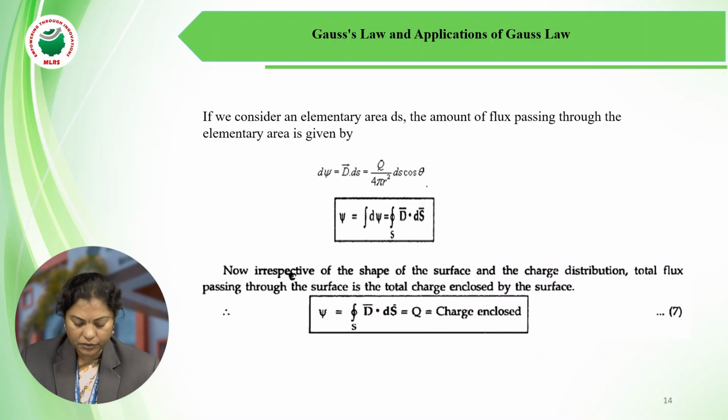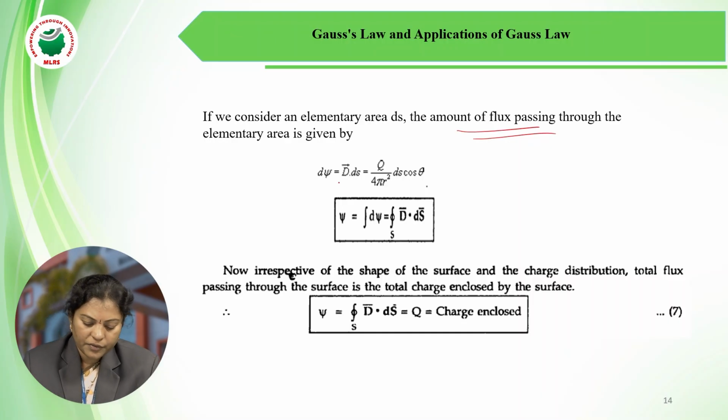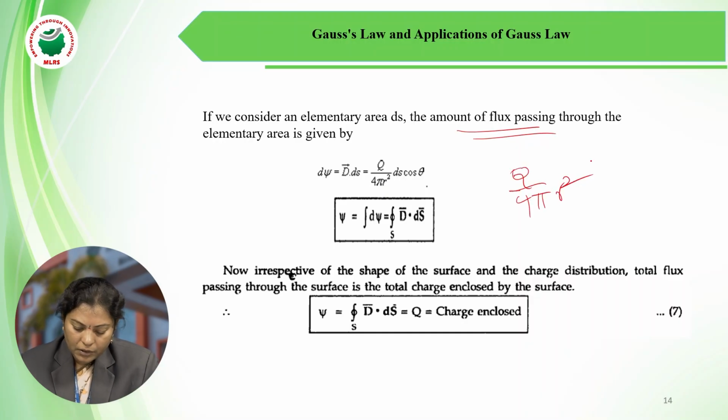For that also I am taking an elementary surface area ds. The amount of flux passing through this element is given by d psi equal to D dot ds. As we know D equal to Q by 4 pi r square, so d psi equal to Q by 4 pi r square into ds into cos theta here.